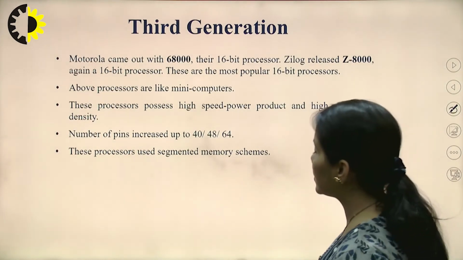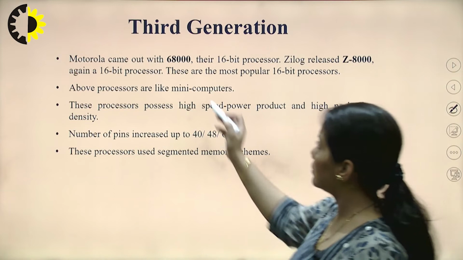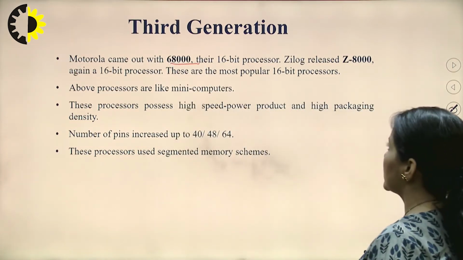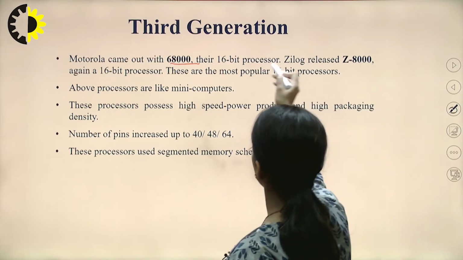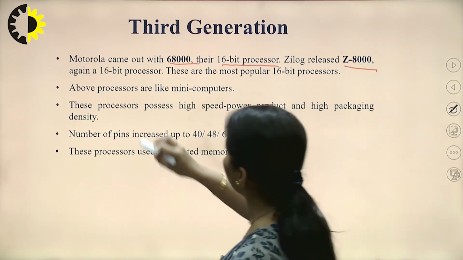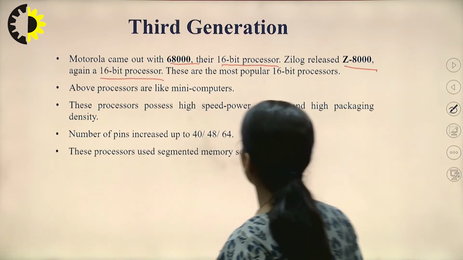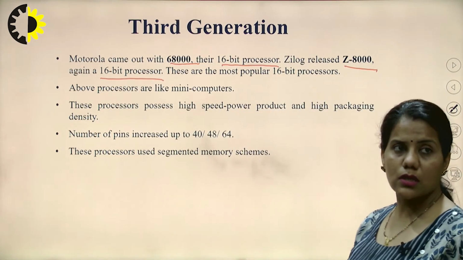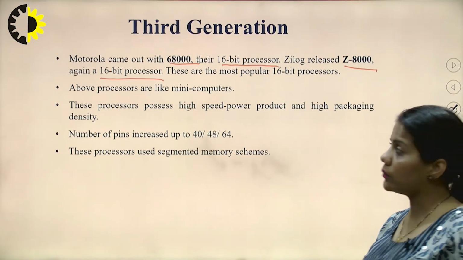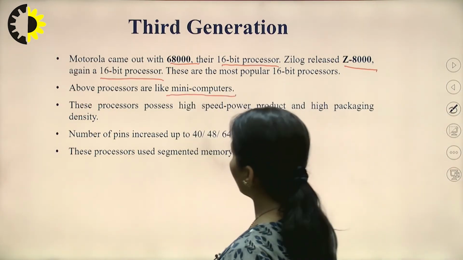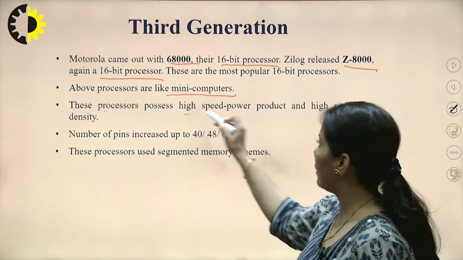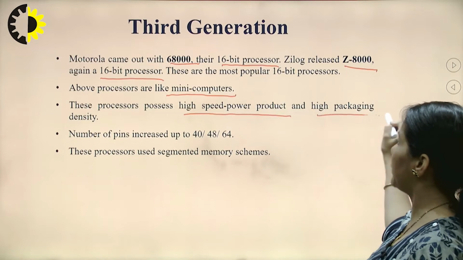Other good examples of this third generation are 68000 from Motorola, a 16-bit processor. Zilog released Z8000, again a 16-bit processor. These are the most popular 16-bit processors. These two mentioned processors are like mini computers. They possess high speed power product and high packaging density.